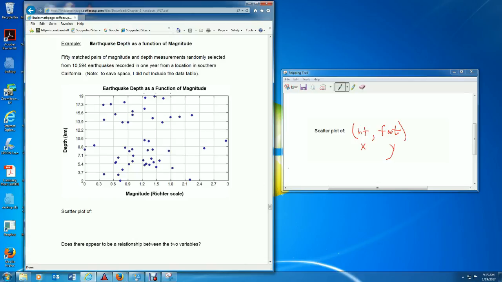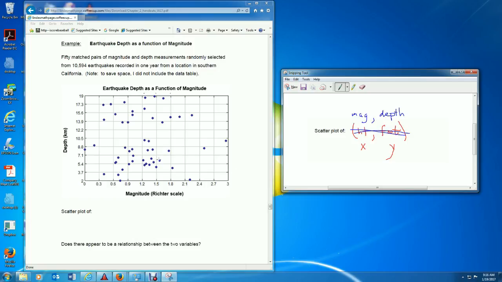It is data set number 16, and this is a scatter plot of magnitude of the earthquake, comma, depth. So in other words, the magnitude is the x variable, the depth is the y variable. Therefore, we would say the depth, y variable, as a function of the magnitude, x variable.